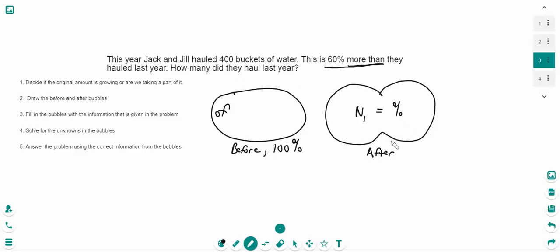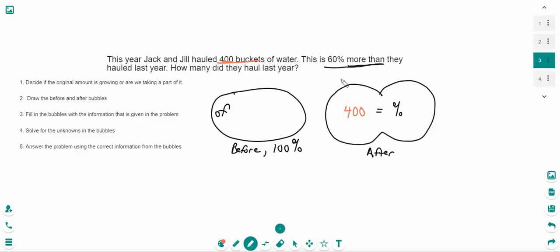Well, this year is the after year. So that's the amount. That's a number. It's not a percent. It's a number. They hauled 400 buckets. So that would indicate that this number we can erase and instead put 400. Okay? Now, this is 60% more than. Now, be careful with this.